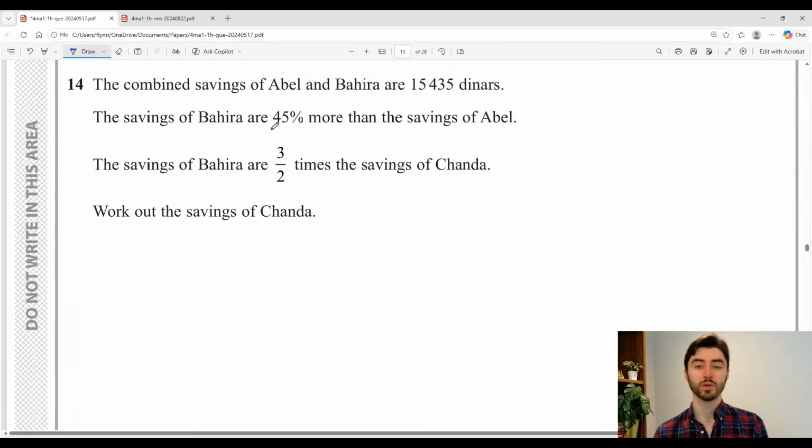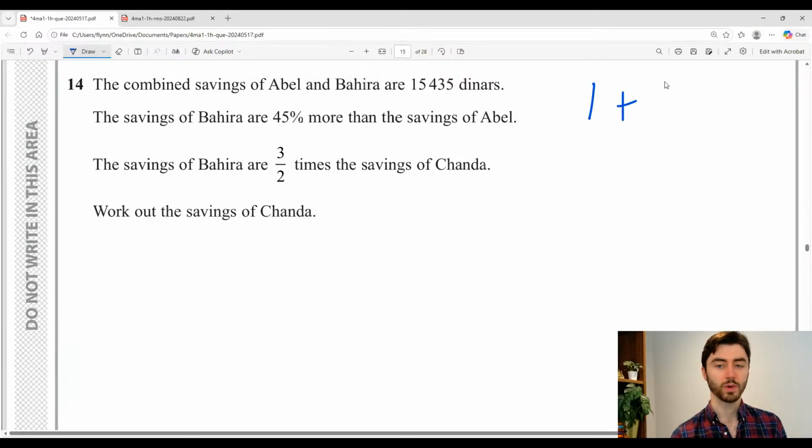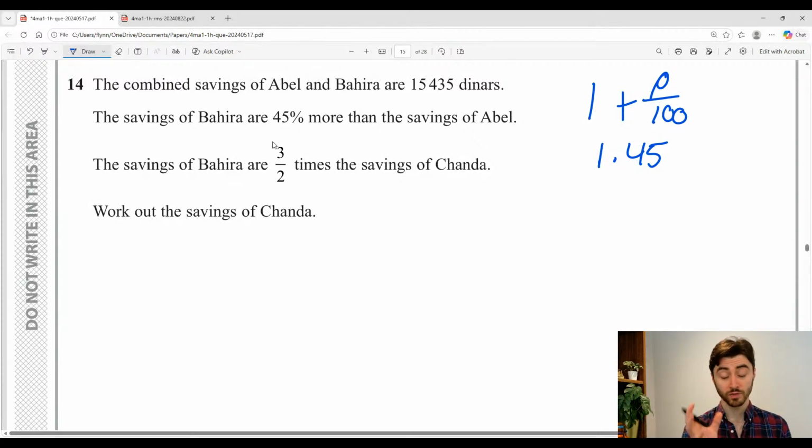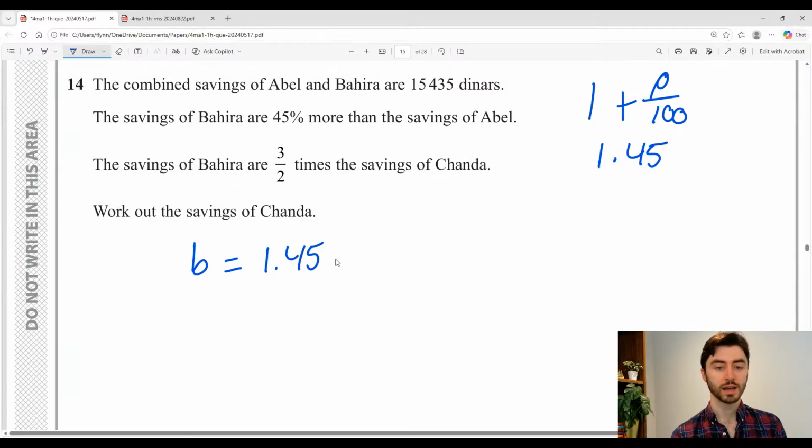So we saw that before with the sort of multiplier. 1 plus p over 100 means that that multiplier is 1.45, 1 plus 45 over 100. So what that means is, let's translate, and whenever you're forming equations from a question, the trick is to translate the English into the math. So the savings of Bahira I would call B. R equals 45% more, 1.45, times A.